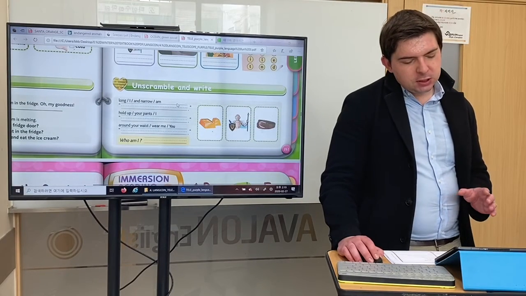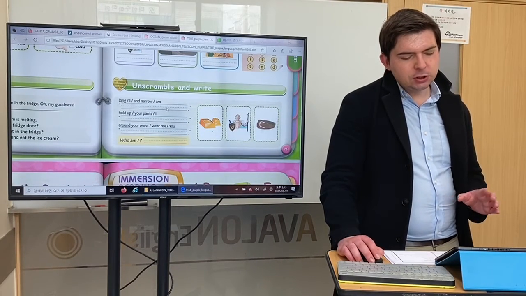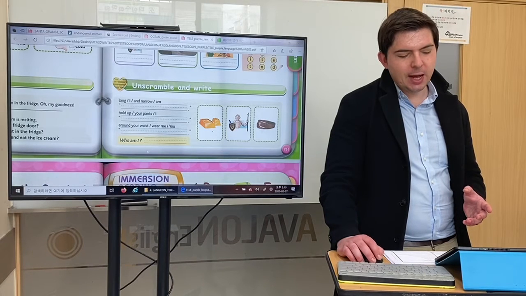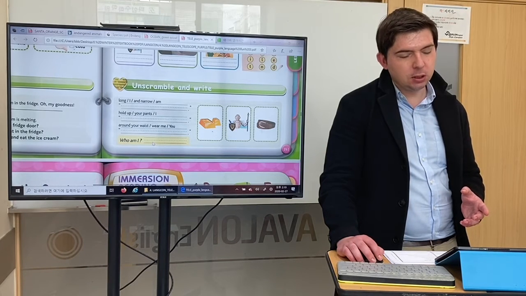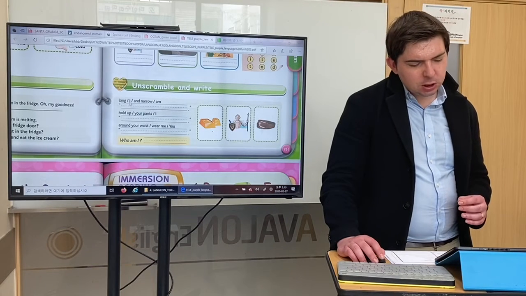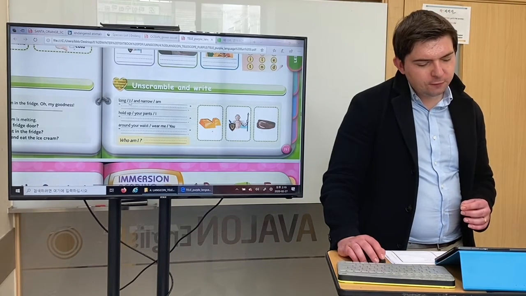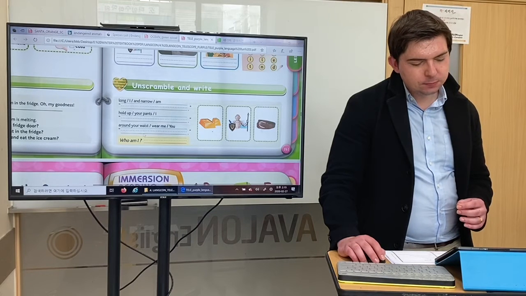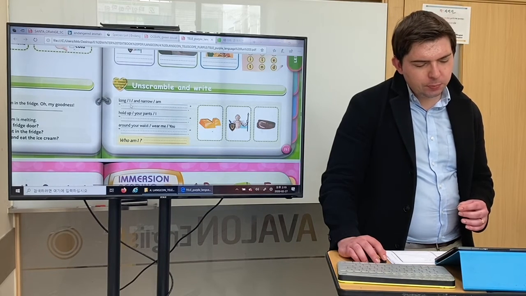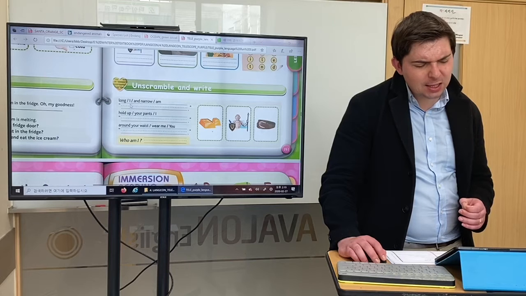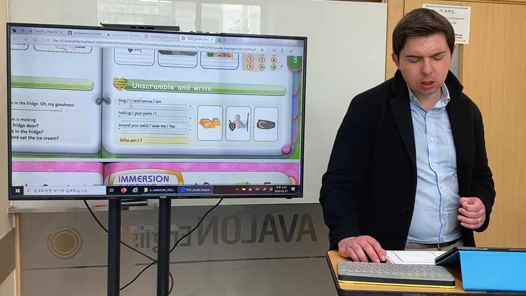Okay, so for this part, we're going to unscramble hints that are going to tell us what the last word would be. So let's unscramble the first hint. What would it be? "Long I and narrow am."